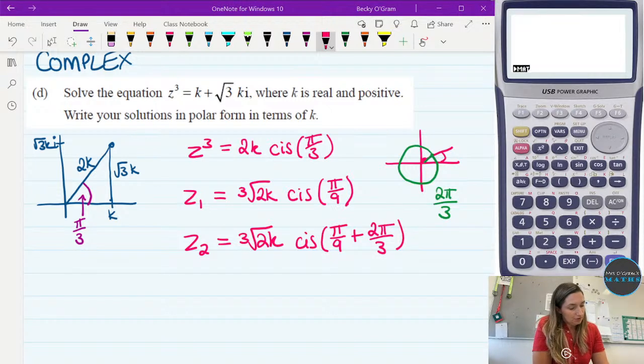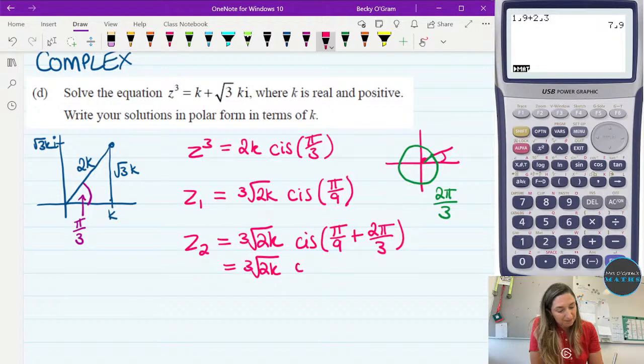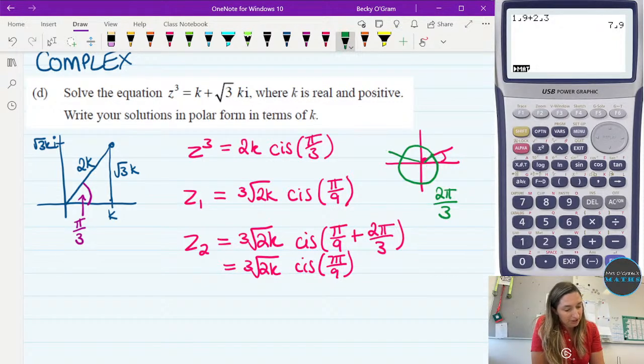So I'm just going to go over here to check my fraction adding is okay. So 1/9 plus 2/3 is equal to 7/9. So it's going to be the cube root of 2k cis 7 pi by 9. So that one ends up being on our diagram sort of about here.